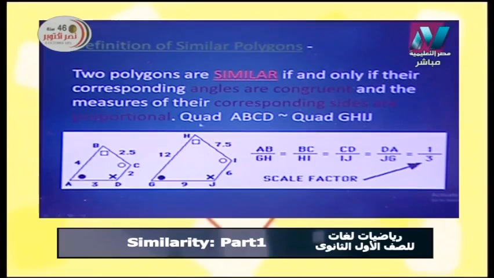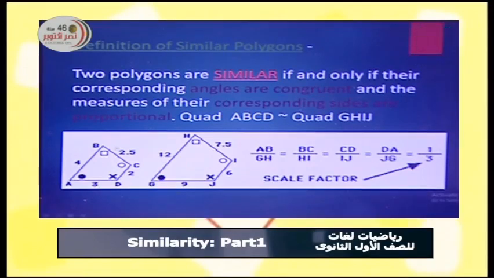We have the quad ABCD and the other quad GHIJ. We can see clearly that AB, which is 4, over GH, which is 12, if we divide them, will be 1/3.